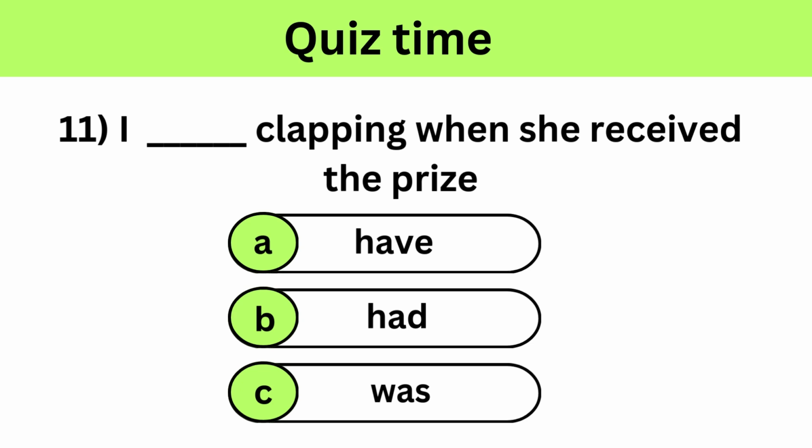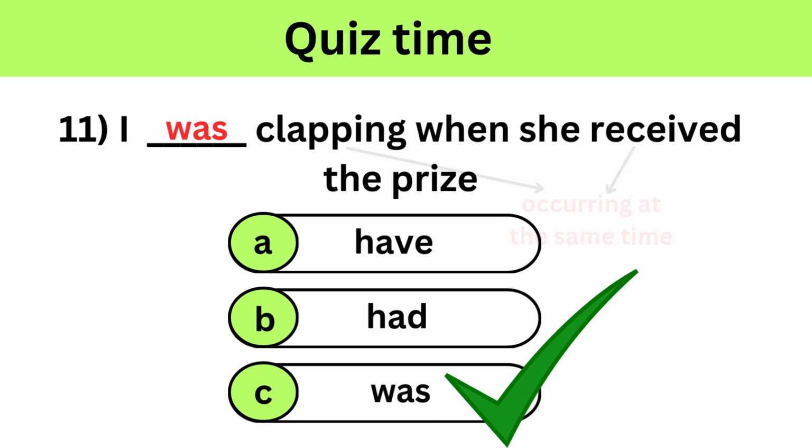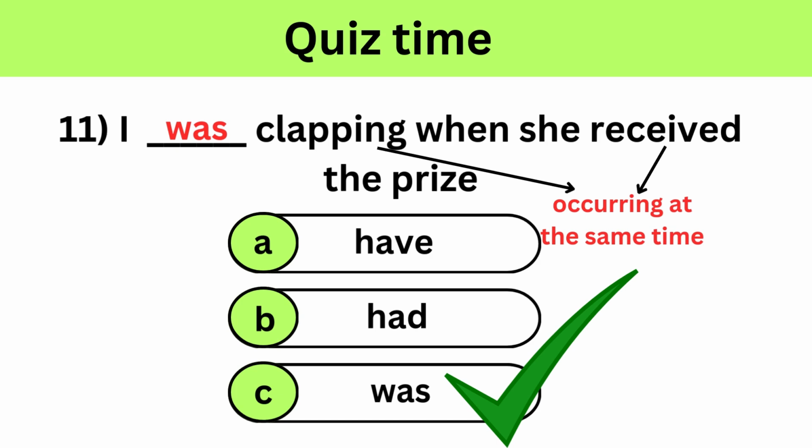Question number 11. I dash clapping when she received the prize. Option C, was. I was clapping when she received the prize. Here we use was to form the past continuous tense, was clapping, because the action of clapping was ongoing at the same time as the past event of her receiving the prize.